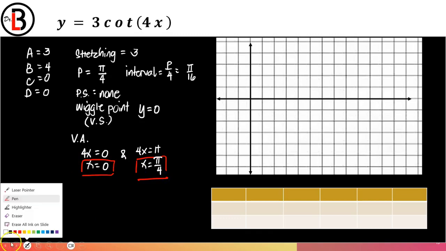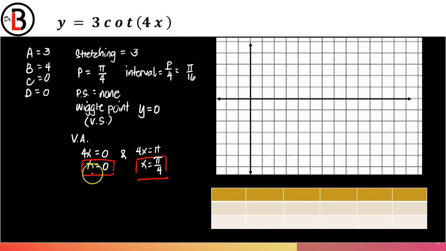And then maybe we could already start drawing x is 0 and x equals pi over 4. So let's say that this is x equals 0 and then pi over 4. So let's say this is x equals pi over 4, one of the vertical asymptotes. The other one, x equals 0, is a vertical asymptote as well.